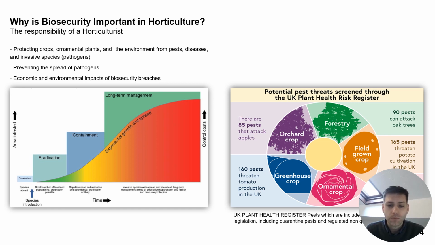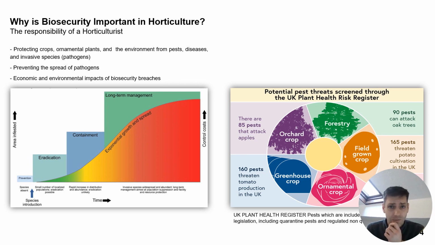And this is taken from the UK Plant Health Register, as I mentioned, and the pests and diseases included here are effectively quarantine pests. So they're ones that are notifiable or quarantine, so they're the ones we're really trying to stop from spreading or getting into the UK in general.